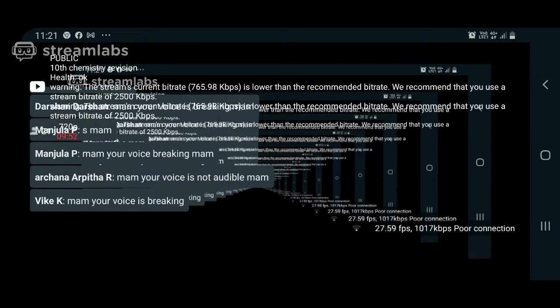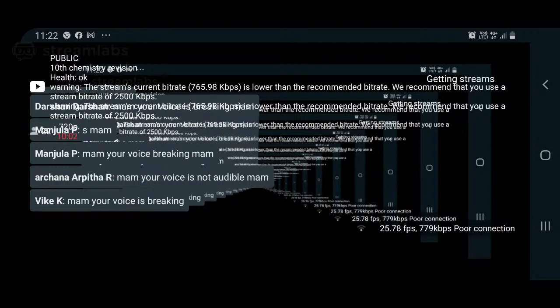Now, let me go with another type, decomposition reaction. Decomposition reaction is one where one reactant breaks down to form two or more simple products.